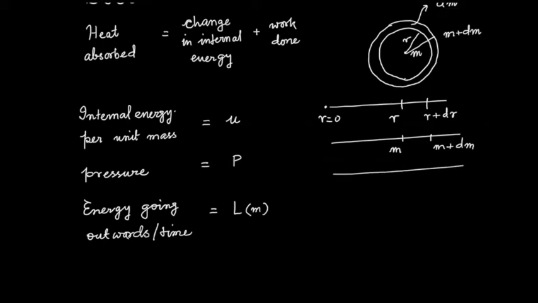If I talk about the luminosity, so this is r, this is m. The luminosity here is L, that is how much this entire thing is supplying energy outwards, and here it is L plus dL.